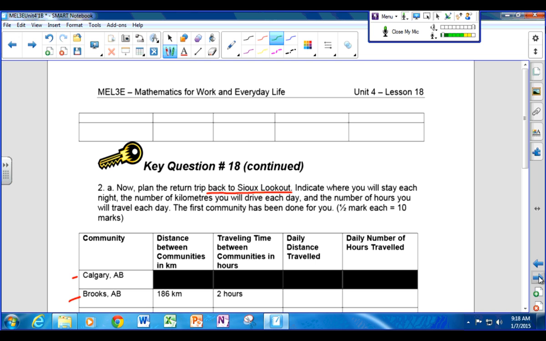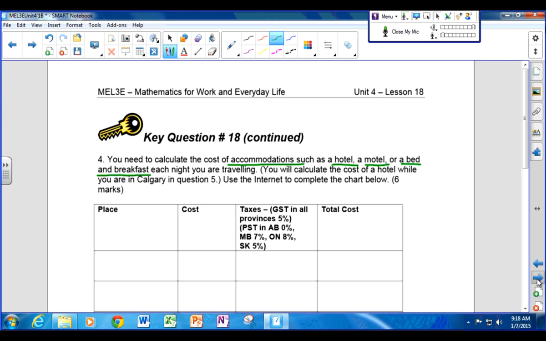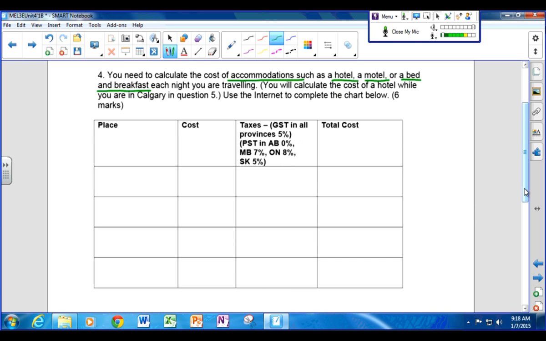So my answer to this is going to be Brandon, Manitoba, the first day. Then on the way back, there's a couple of places that you'll be stopping, or maybe just one, and you'll fill those in.